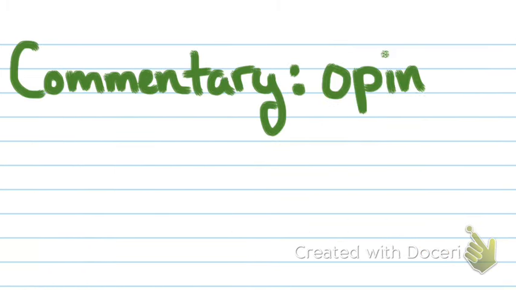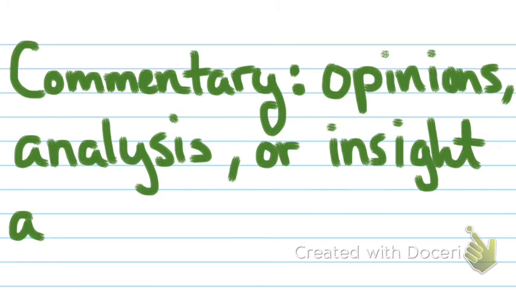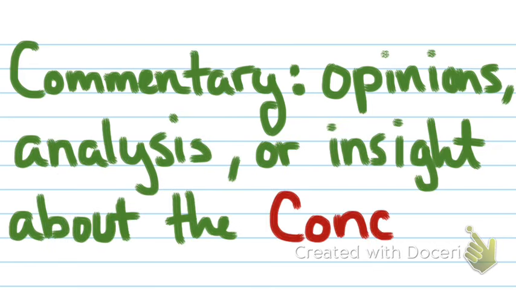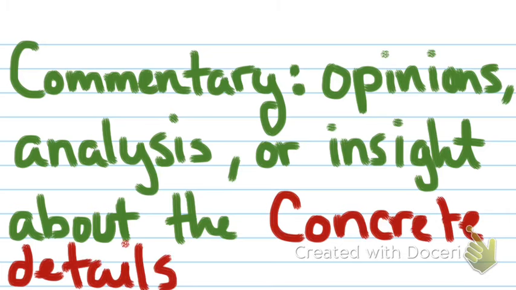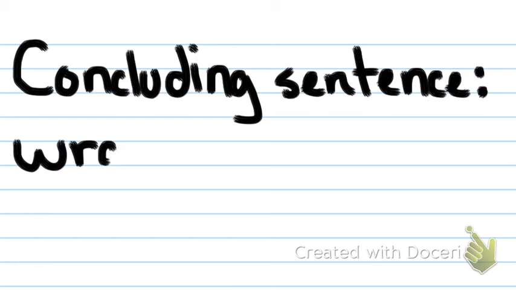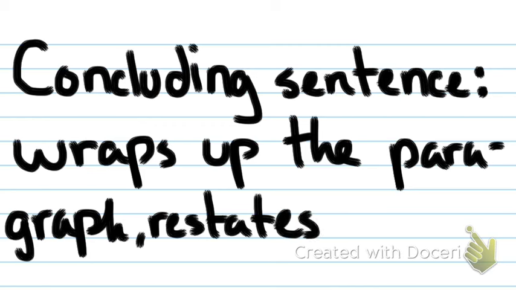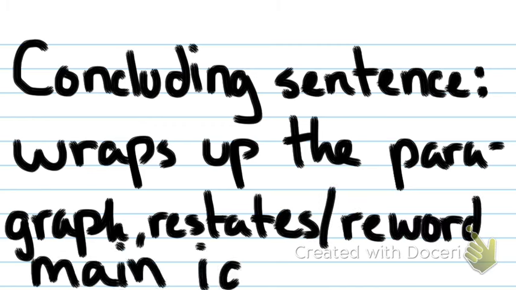Your commentary is opinions, analysis, or your insight about how the concrete details support your topic sentence. And then your concluding sentence wraps up the paragraph and restates or rewords your main idea, which is your topic sentence for the body paragraph.